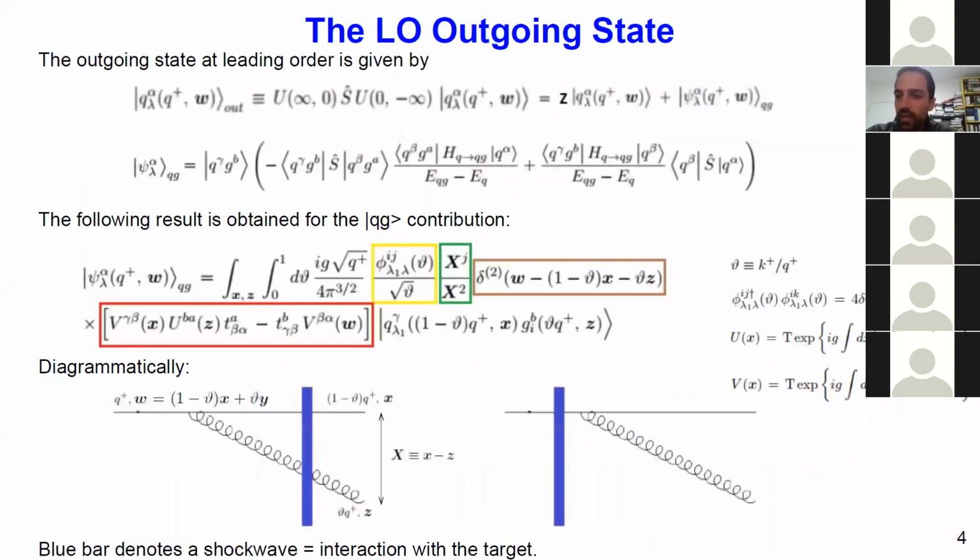Let's see more precisely how to get the result for the leading order dijet production cross section. For the outgoing state, if we expand the unitary time evolution operator up to order g, we just have 1 plus some term of order g. We expand the unitary time evolution operator from the two sides. That's how we generate the following two terms.